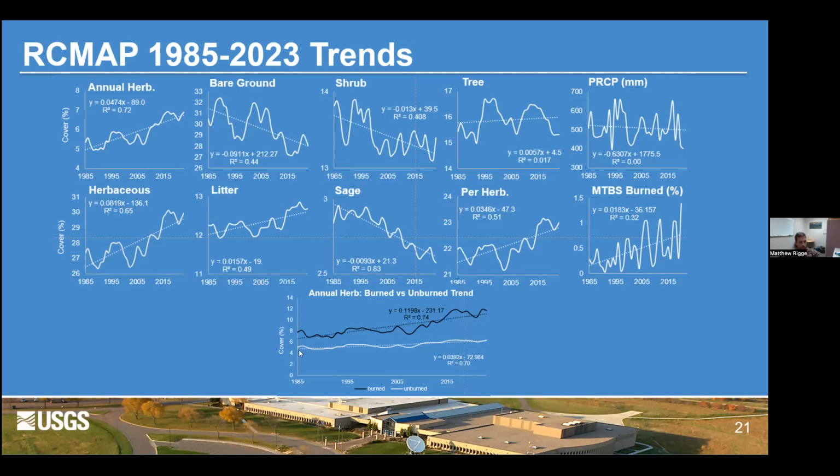And what we're seeing in our data is agreeing with that challenge, in that annual herbaceous is still increasing even in areas that never burned at all since 1985, and it's increasing at a far greater rate in burned areas, which is not terribly surprising.